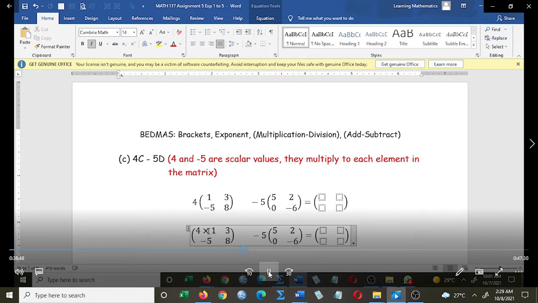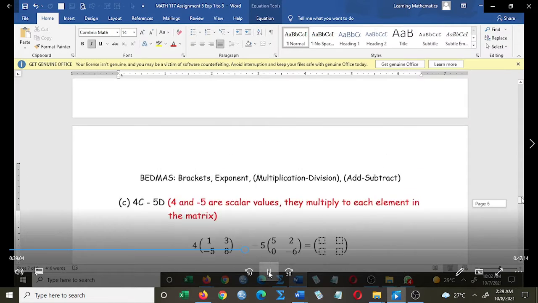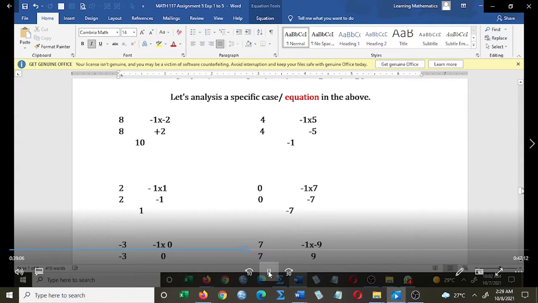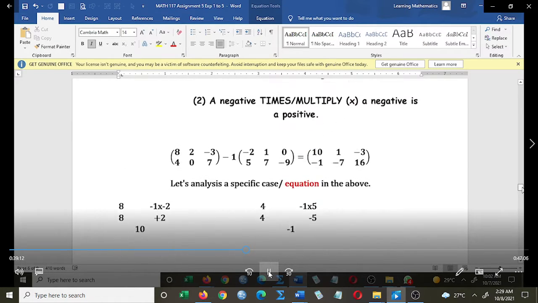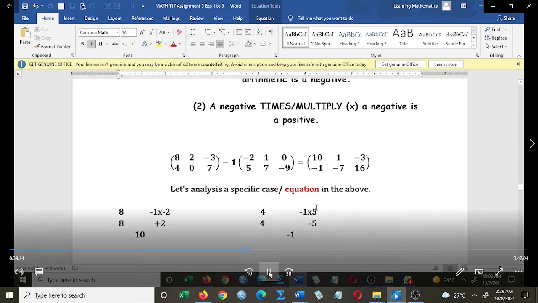So we have to do 4 times 3, 4 times 8, 4 times -5. Same thing there. We could have done it with the -1, that invisible -1 over there. That's why we did that multiplication.